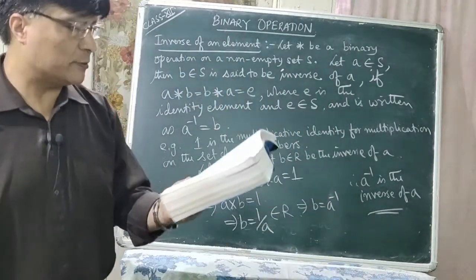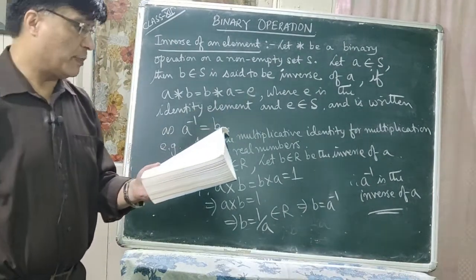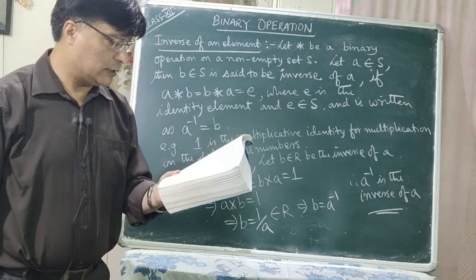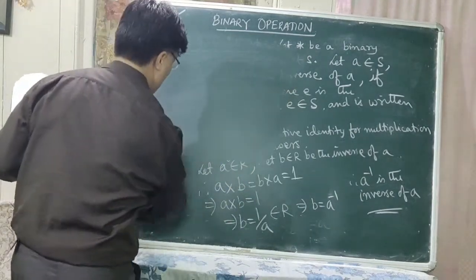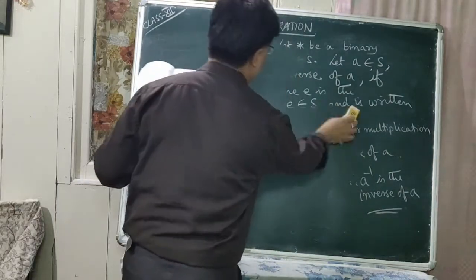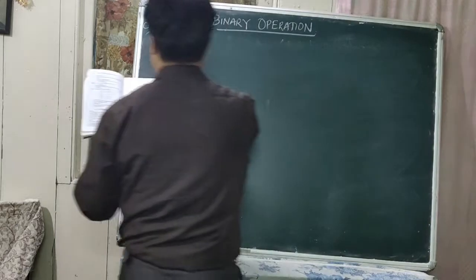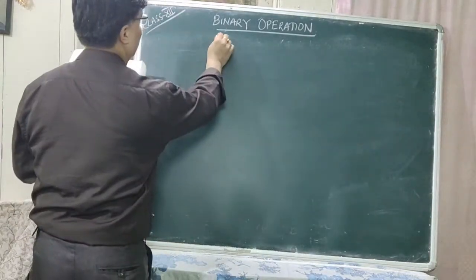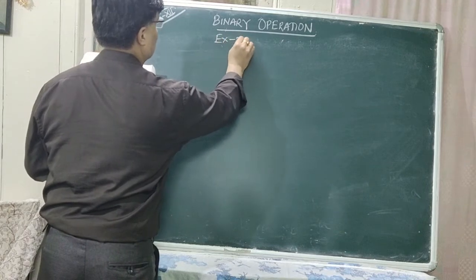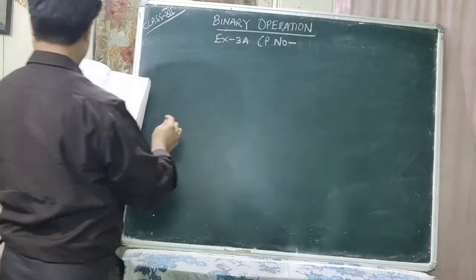So now we will do problems from this book, Senior Secondary School Mathematics for Class 12 by R.S. Agrawal. Okay, so let us do exercise 3A. So let us do some questions from here. Exercise 3A, that is your page number.